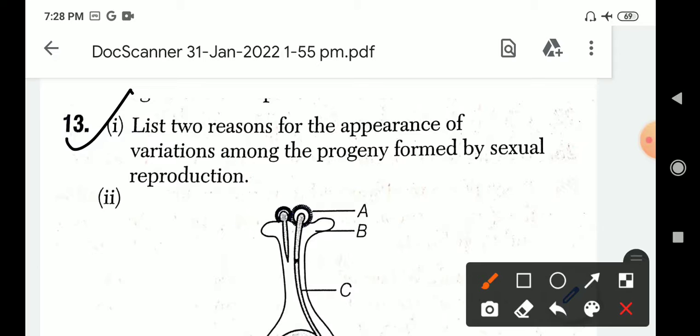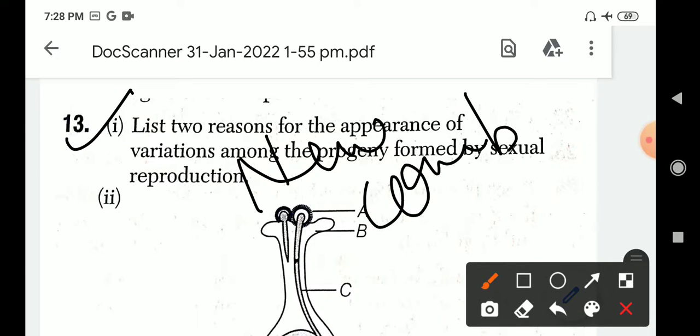Every time a new combination is formed, and we can write down that new combinations are formed due to the fusion of the male and female gamete, the DNA of both the parents, and the combination of the two sets of chromosomes, one from each parent, between the homologous chromosome arms during the zygote formation leads to variation in the species, right?